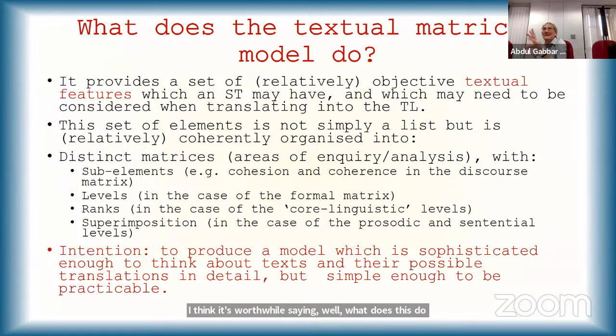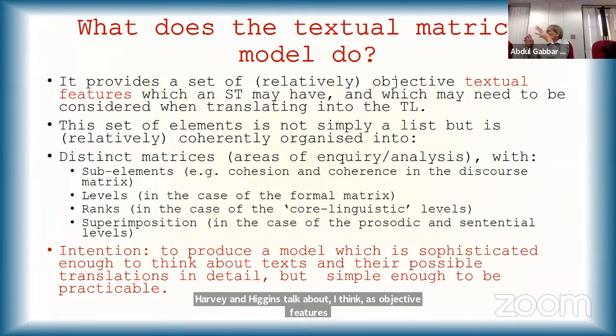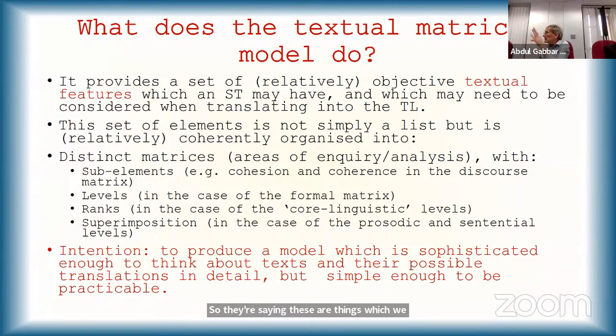So what it attempts to do is give us what Harvey and Higgins talk about, I think, as objective features. They're saying these are things which we can identify in the text, and what they mean by objective is that I can identify them and you can identify the same ones.